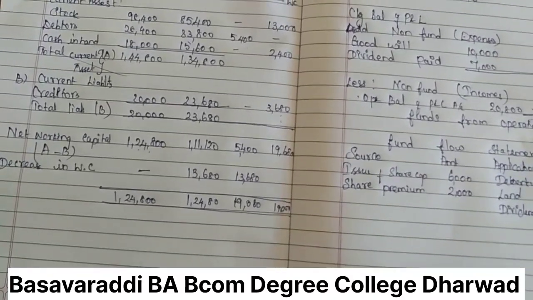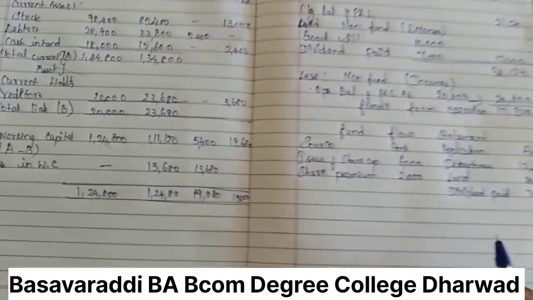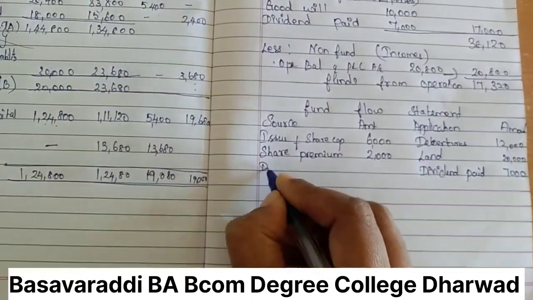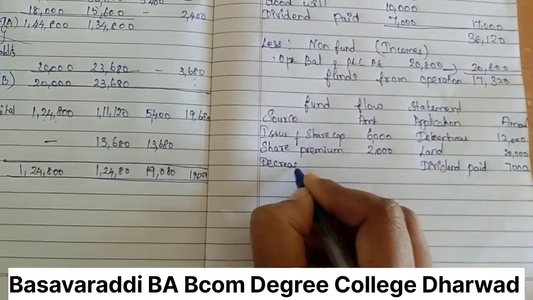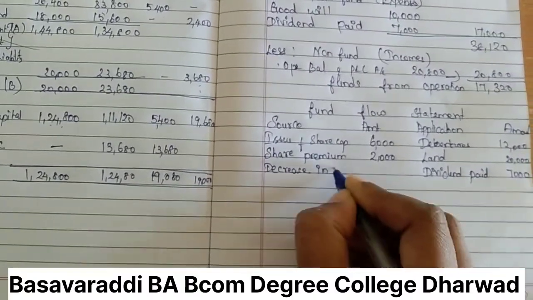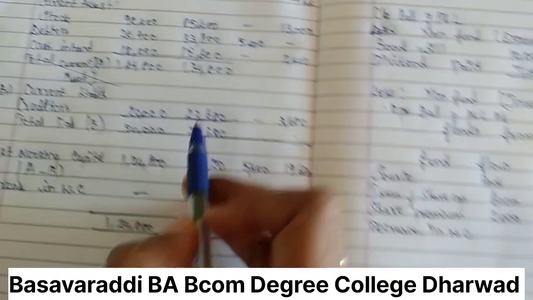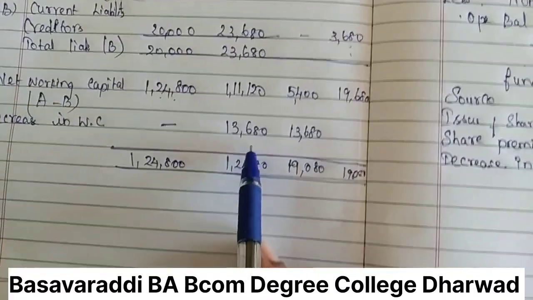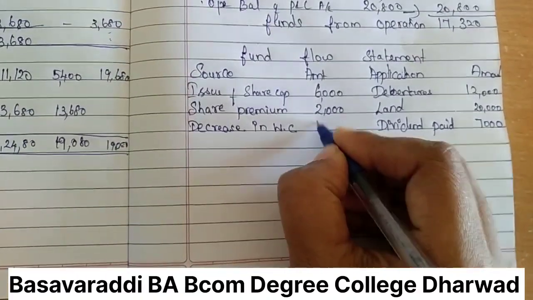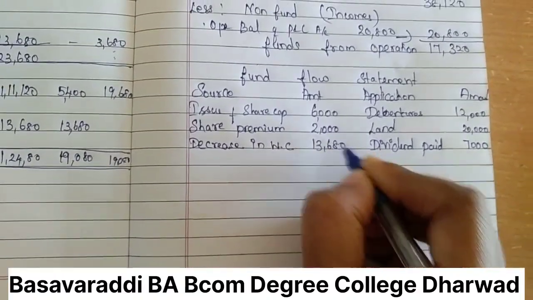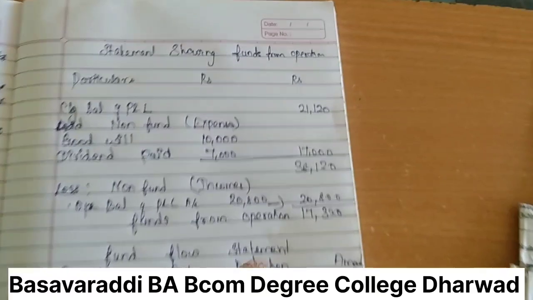If there is a decrease, you have to enter it in the source column. Decrease in working capital, 13,680, you have to enter in the source column.